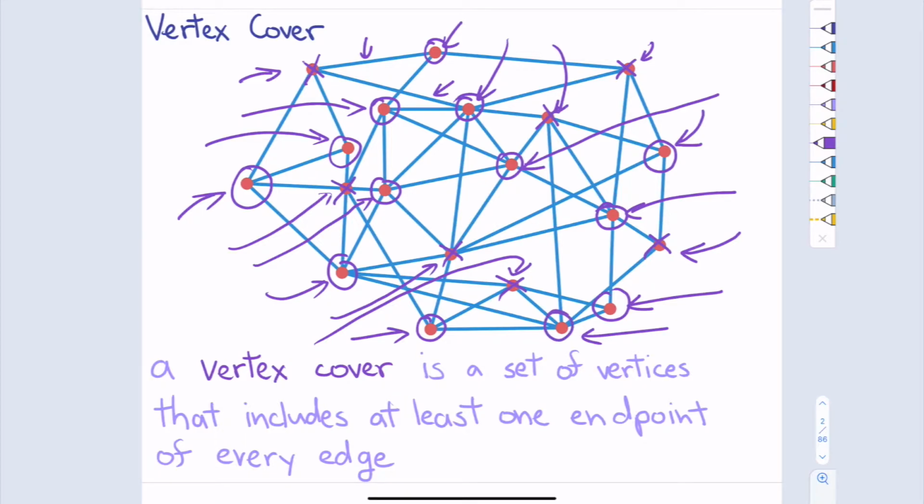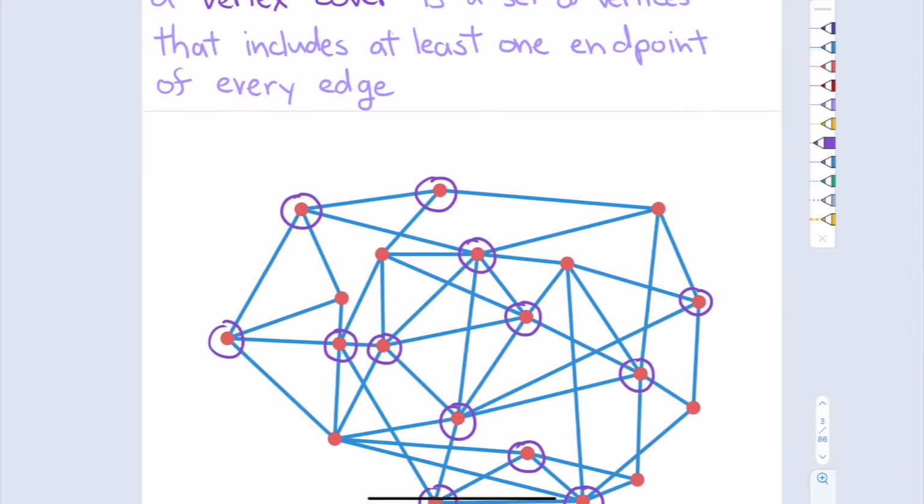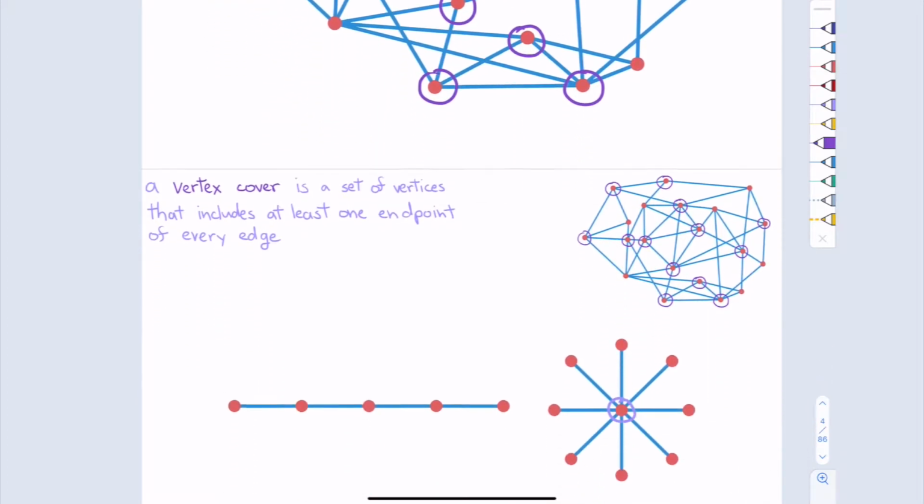Okay, so the ones we've circled, ignore all the other purple scribblings, would hopefully be a vertex cover in the sense that we've taken at least one endpoint of every edge. It's not at all clear that we chose a particularly good vertex cover, but a vertex cover it is. Okay, so that's fine.